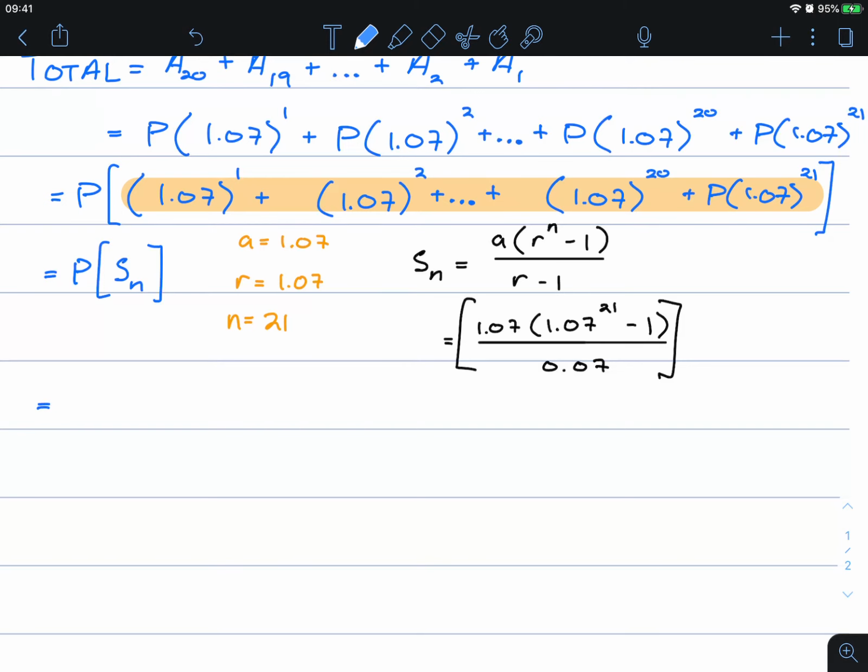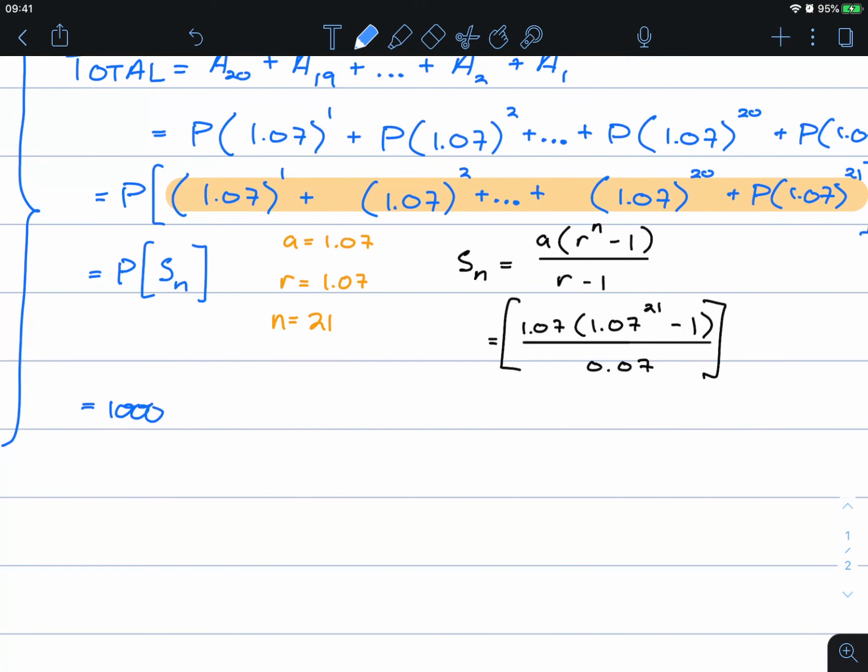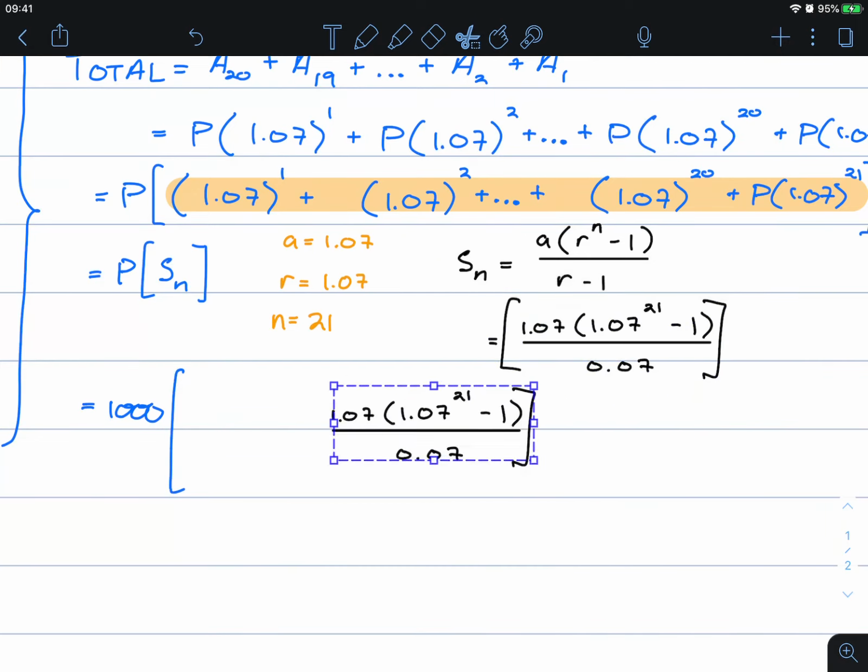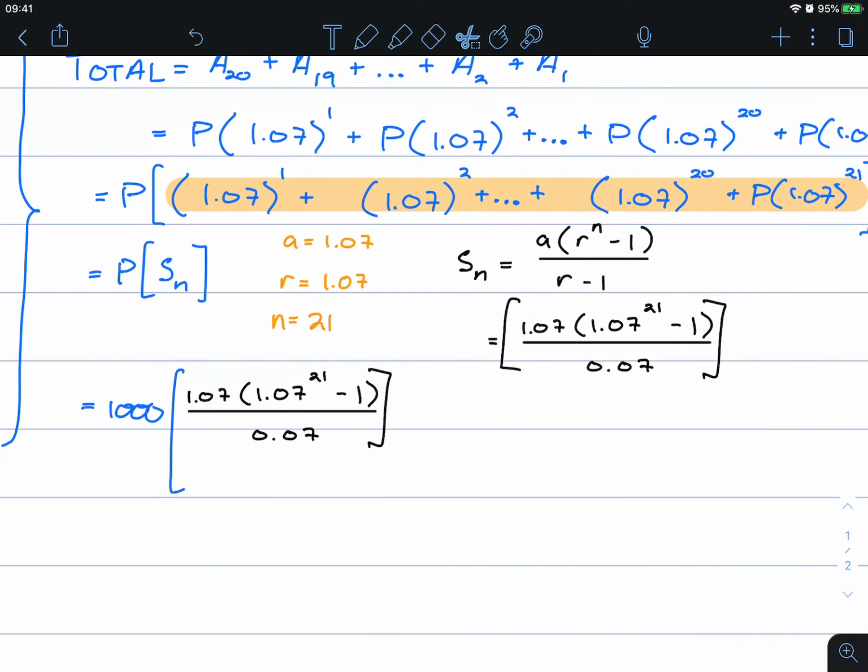Putting our values in now, this is going to be 1,000 outside of, making it nice and easy for us here, let's just duplicate this. There we go. And it's this value that we would like to evaluate in our calculator.